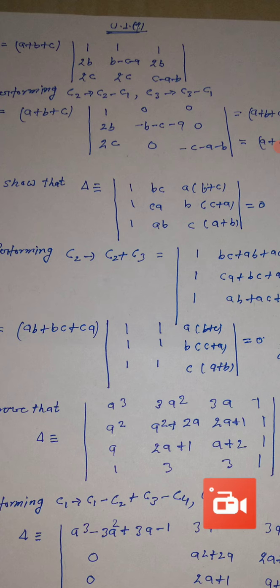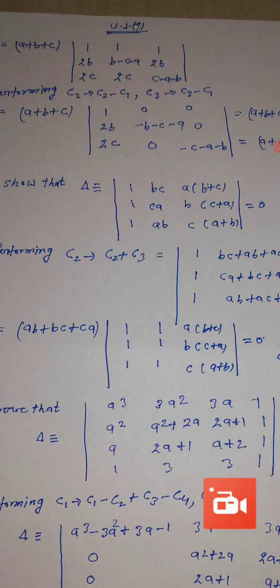So we take ab plus bc plus ca common, and we get first row 1 1 a(b plus c), second row 1 1 b(c plus a), third row 1 1 c(a plus b). This is equal to 0 since the first two columns are identical. So this is very simple.